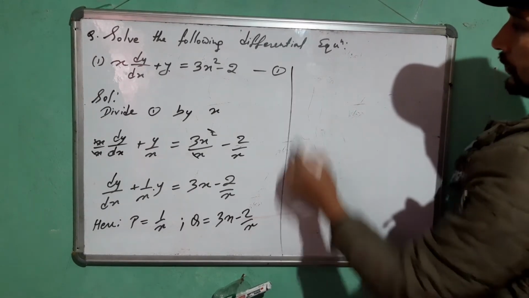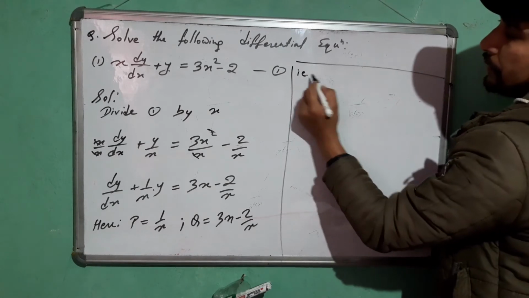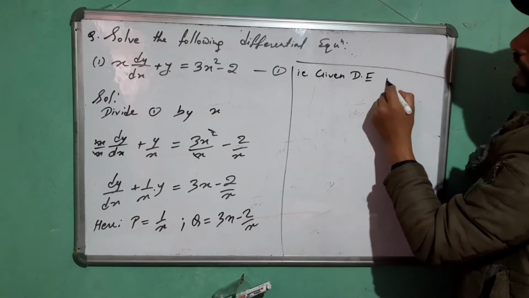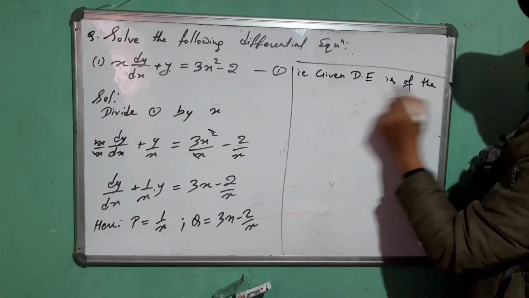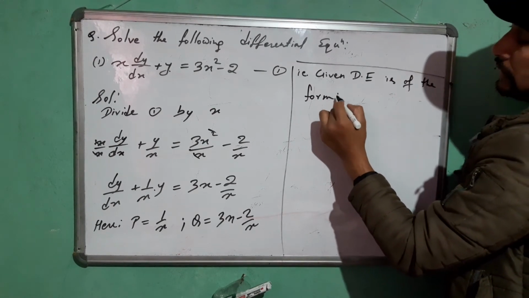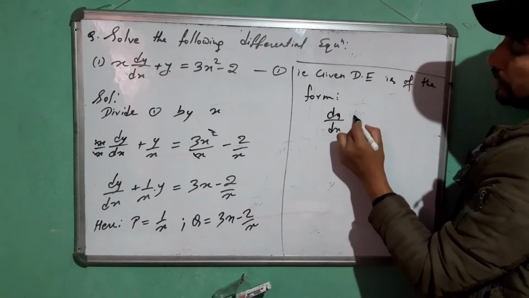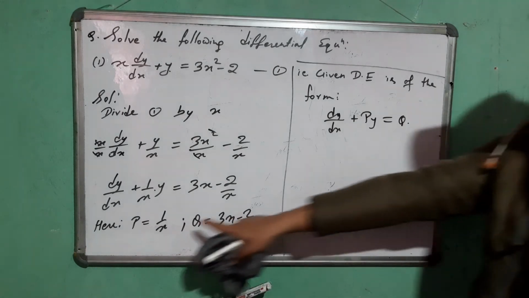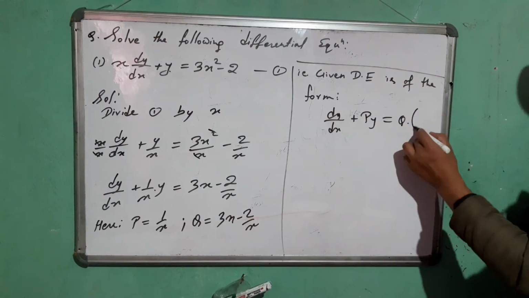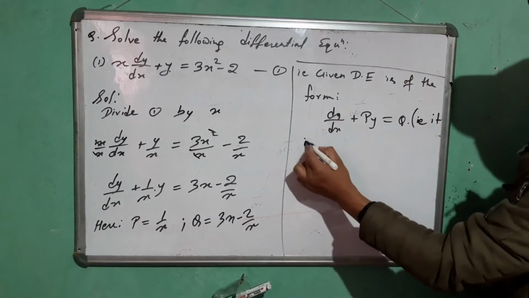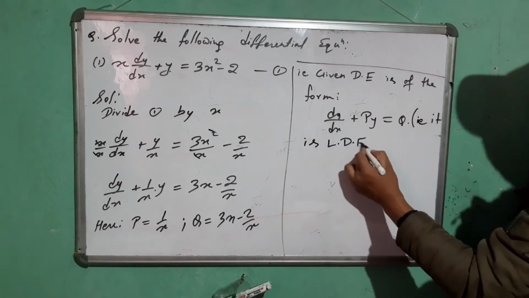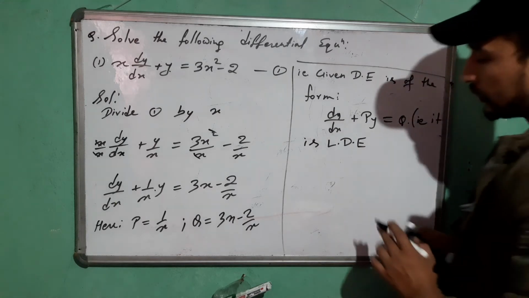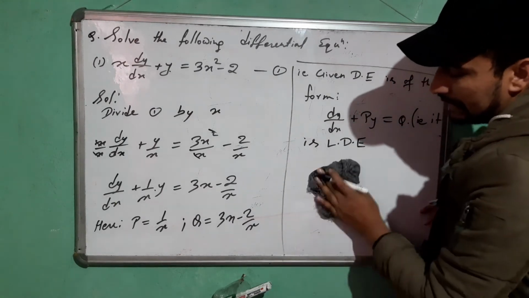That is, the given differential equation is of the form dy dx plus py equals to q, where p is this and q is this. That is, it is an LDE. It is a linear differential equation. Now, the solution. For the solution, first of all, you have to find the integrating factor.